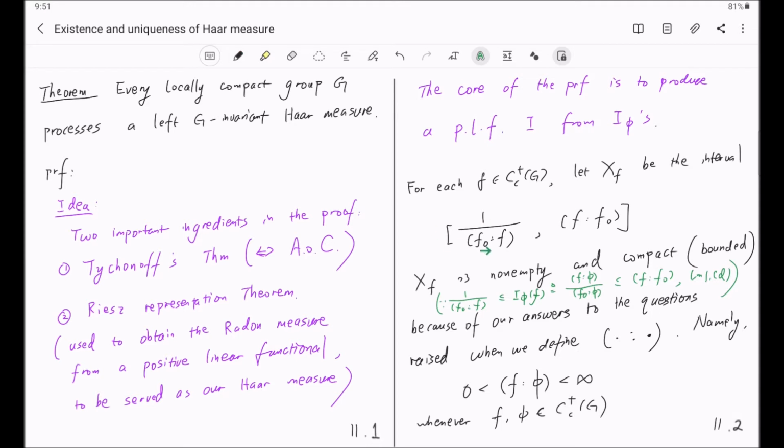Okay, now we got a bunch of compact intervals corresponding to the functions in CC plus of G. There are infinitely many of them. Next, we're going to take the product of all of those intervals.